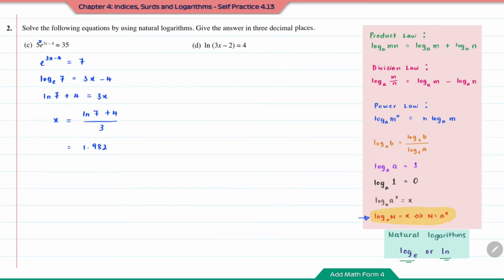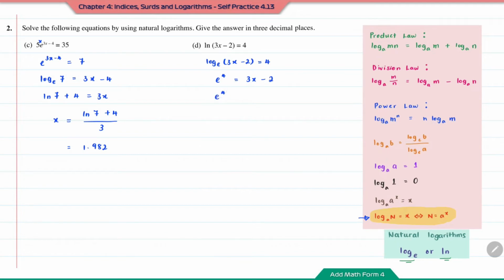Question D. ln of 3x minus 2 is equal to 4. So first I can change the ln to log base e. Next, I can change this logarithm form into index form. Then this will be e to the power of 4 equal to 3x minus 2.